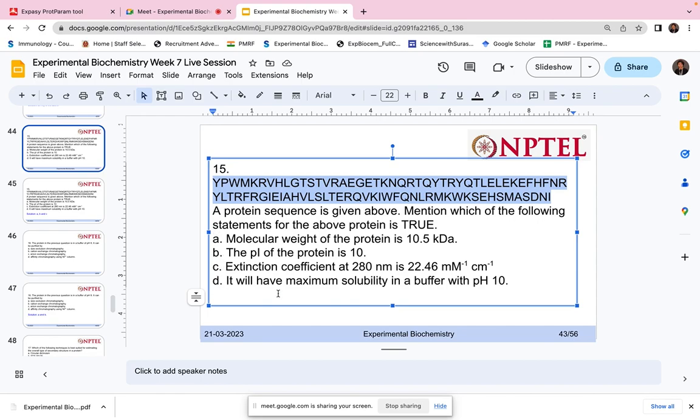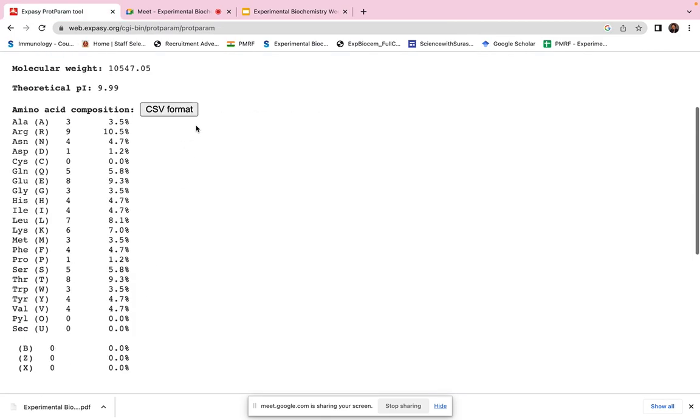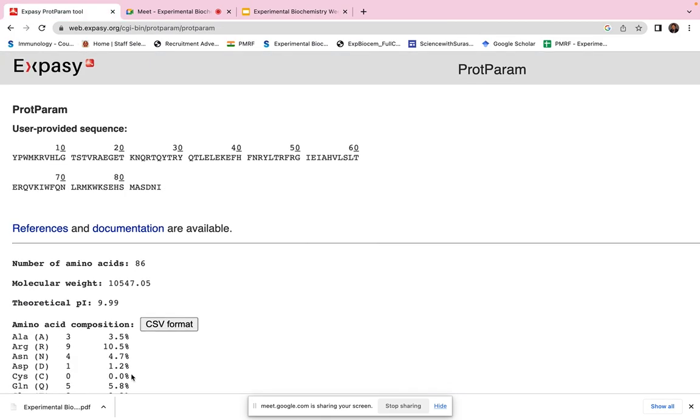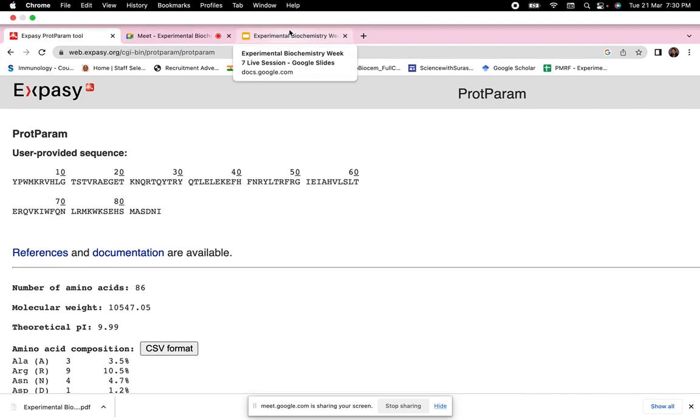Now the option D states maximum solubility in a buffer of pH 10. This information is not available, and this information cannot be actually stated. But it is given that the theoretical pI of the protein is 10.